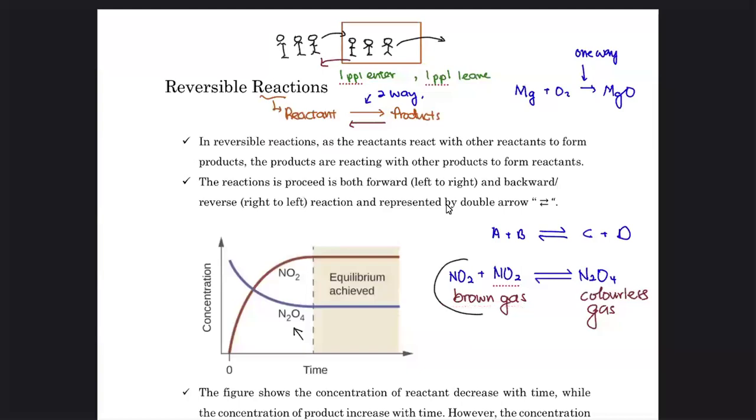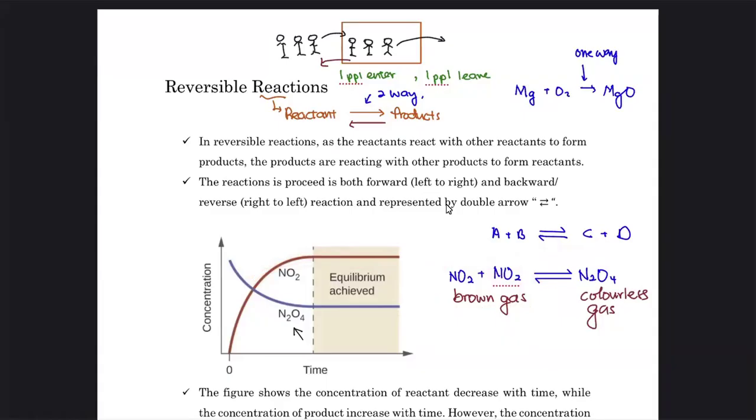If I am reacting from the left side to the right side, you just imagine there is a lot of the reactants at the beginning. Now, NO₂, right? Here is NO₂. Then I will reverse it.